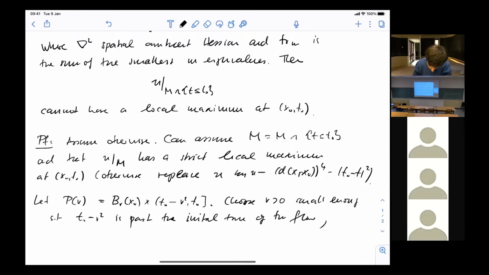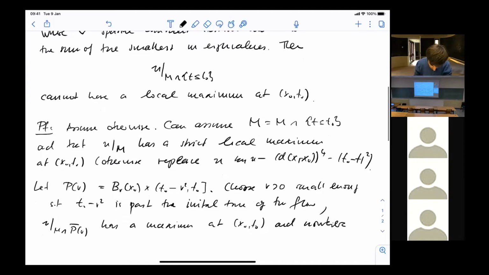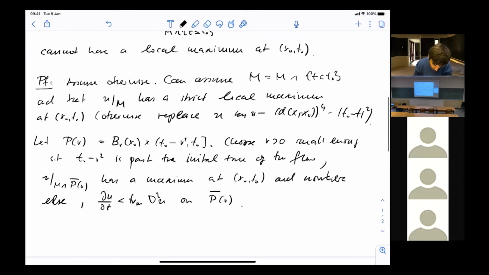We want to have that u restricted to M intersected with the closure of P_r has a maximum at (x0, t0) and nowhere else. But we can also assume that we have du/dt is less than the m-trace of the Hessian of u on the closure of P_r. It's just localizing everything.